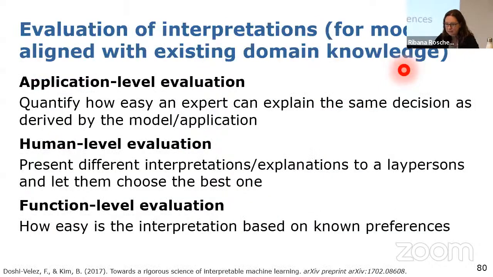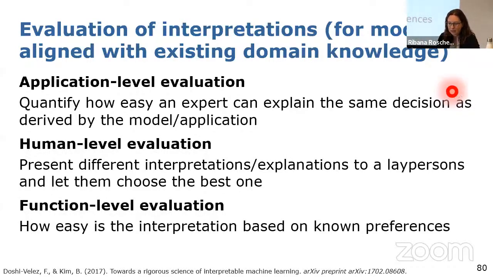And I have two slides left. Because there's always a question when I give similar talks about the evaluation. This is an open research question, but I give you some impression of what is already there and how people think about the evaluation of interpretations.